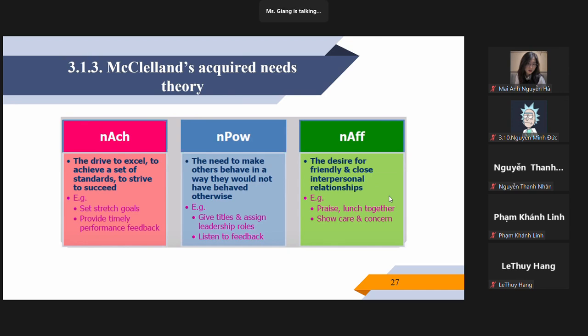And the last one, in order to satisfy the need for affiliation, we should give them praise or show care and concern for them, because they want to have close interpersonal relationships with other people.